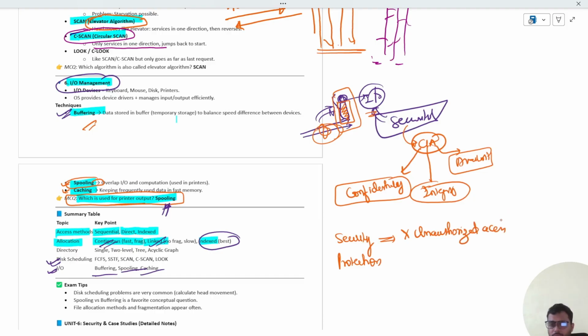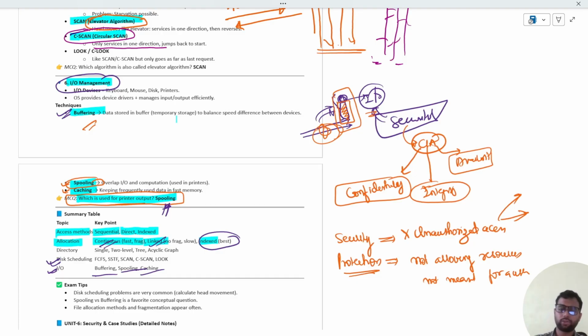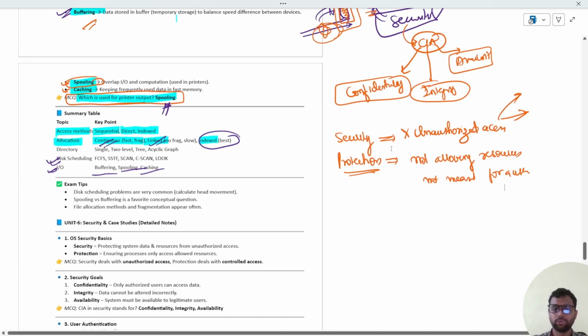For that you have token-based authorization, passwords, like that, things you have. And protection means not allowing resources not meant for a user. You are an authorized user, but you will not be able to use a resource if it is not meant for you. That is called protection, to protect a particular resource from getting used by every user.